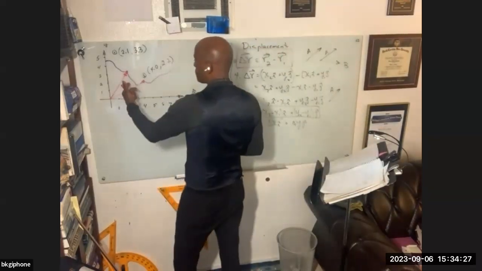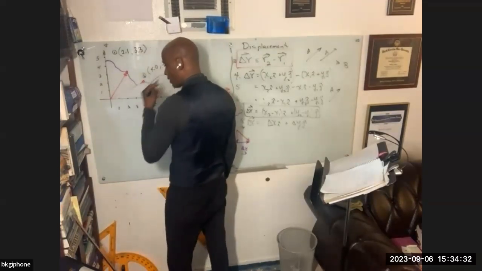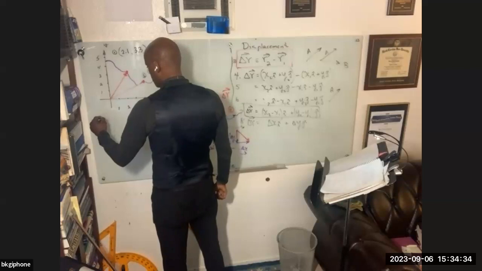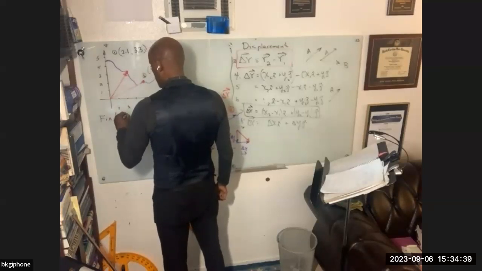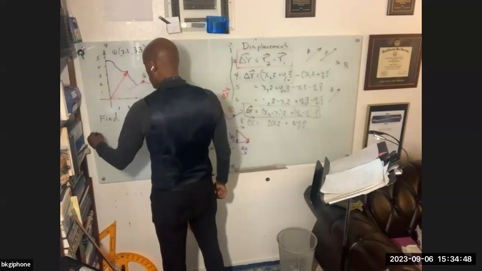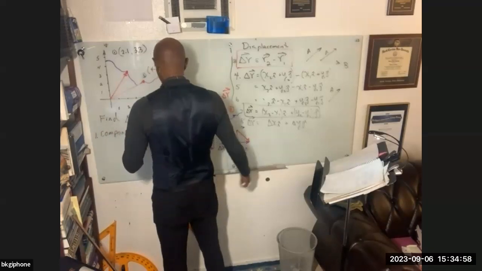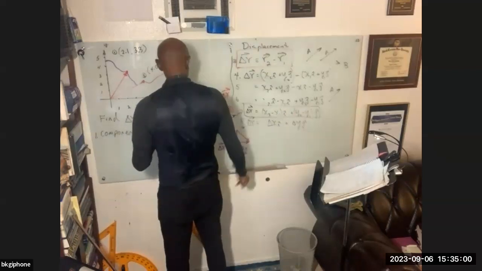For these 2 positions, find the displacement delta R between positions 1 and 2, but do it the component method, or the component representation, which looks like this.